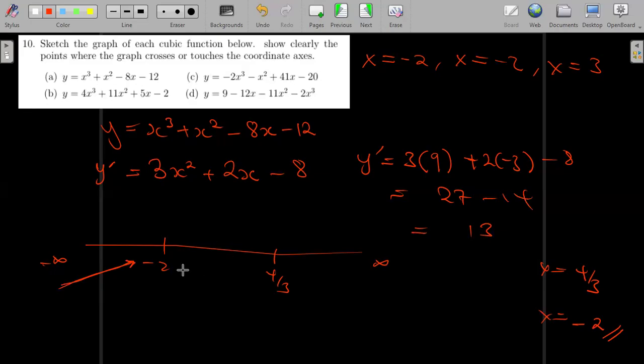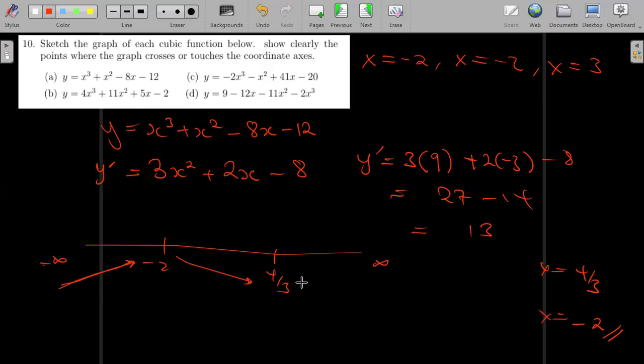Then I check in between here. What numbers are in between negative 2 and 4 over 3? I choose to pick 0. If I pick 0, I'll just remain with negative 8, and that's a negative number. So it shows me that my graph here will be decreasing like this. I pick another number greater than 4 over 3.